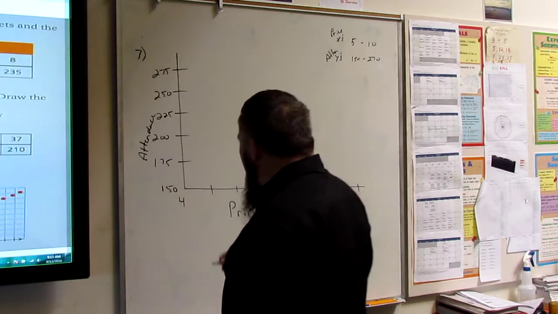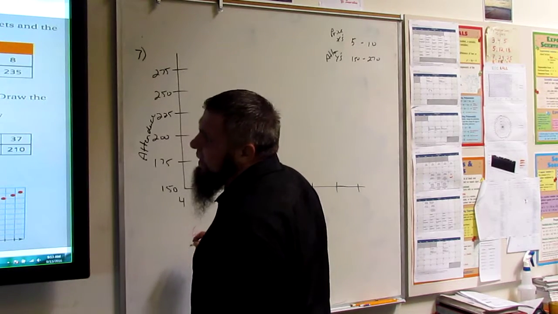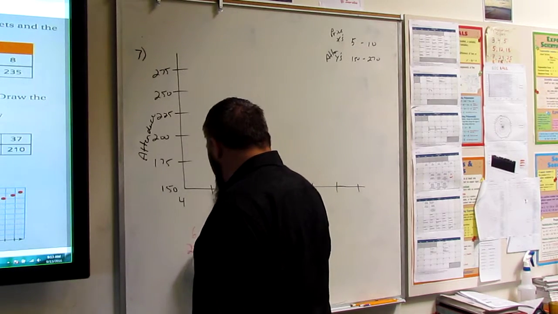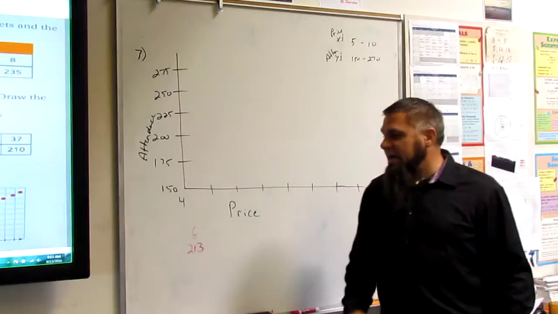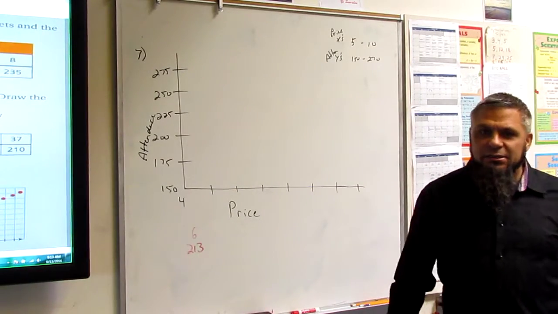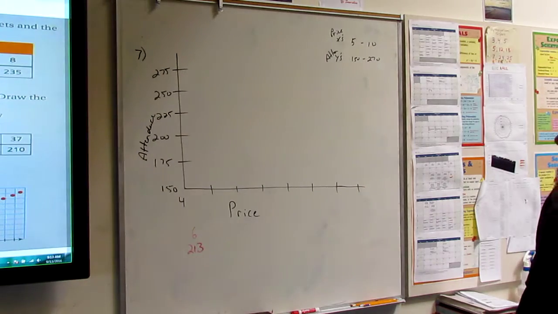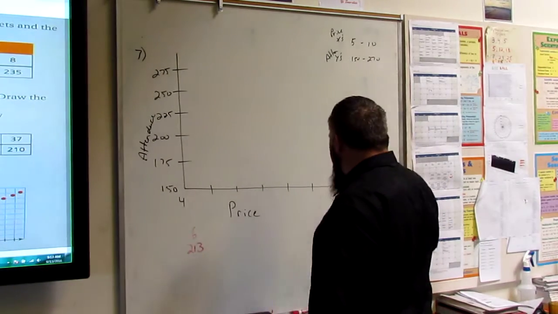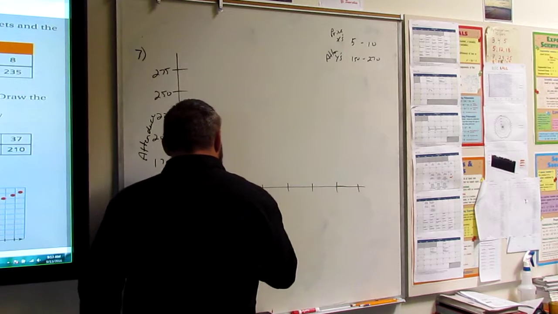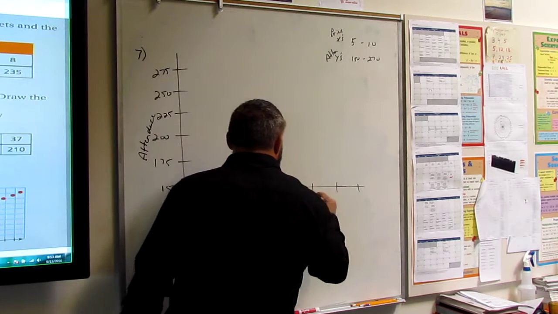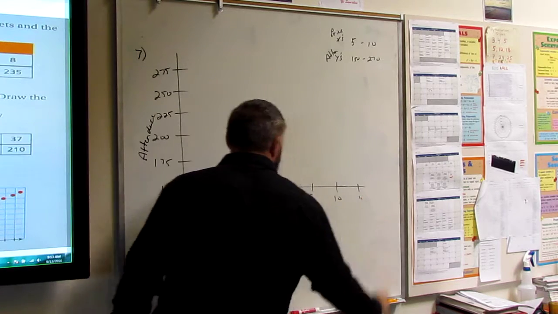So I need to plot 6 and 213. Where am I going to plot 6 and 213? I need to have these out too, so 4, 5, 6, 7, 8, 9, 10, 11.